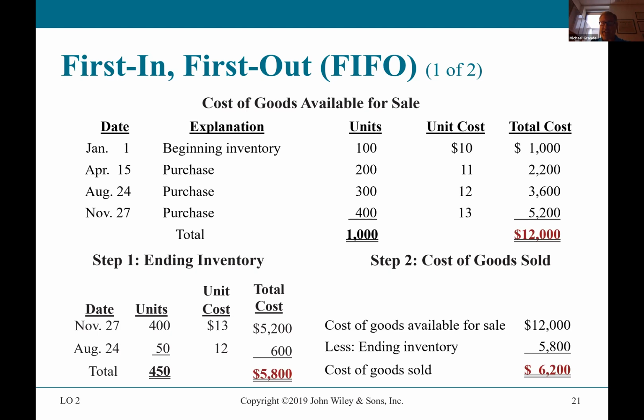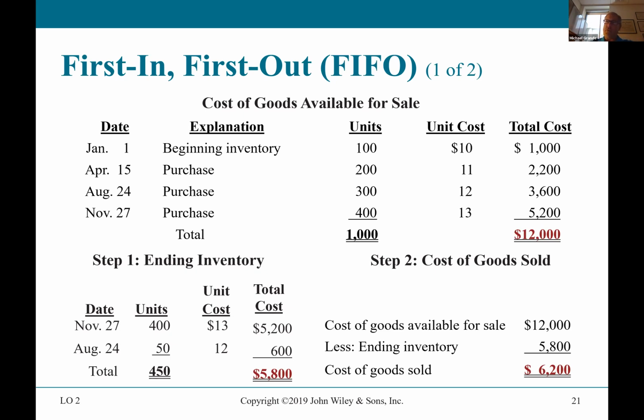Remember, first in, first out means the ending inventory is made up of the most recent purchases. So we have to account for the cost of 450 units. That layer from November 27th was 400 units. So 400 units are valued at $13 for $5,200.